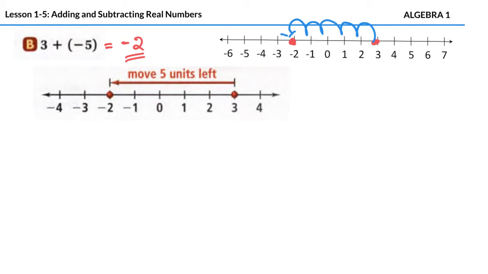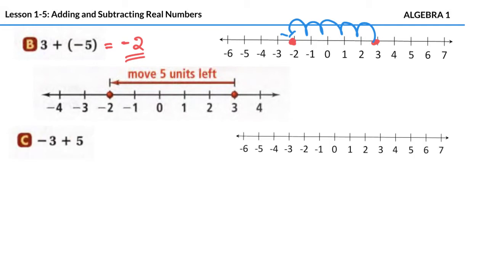Let's try a few more. Let's try this. Negative 3 plus 5. So we place a pointer at negative 3 first. And then which direction do we move? The number added is a positive number, so we will move 5 units to the right.